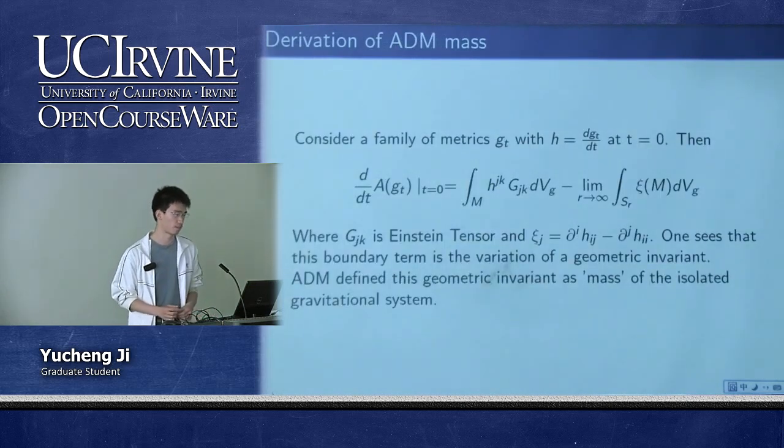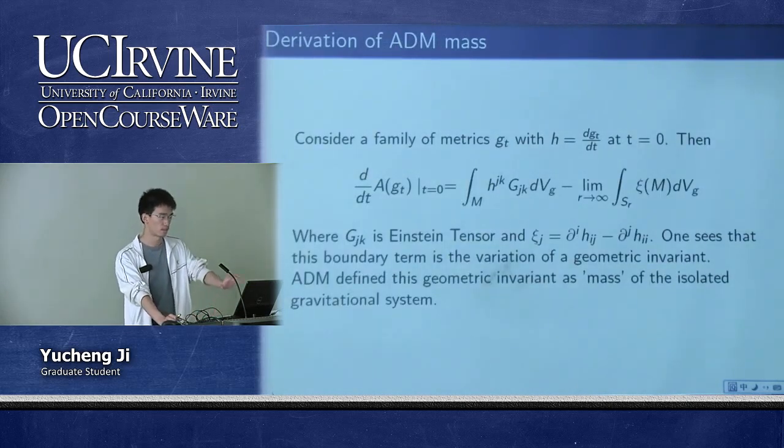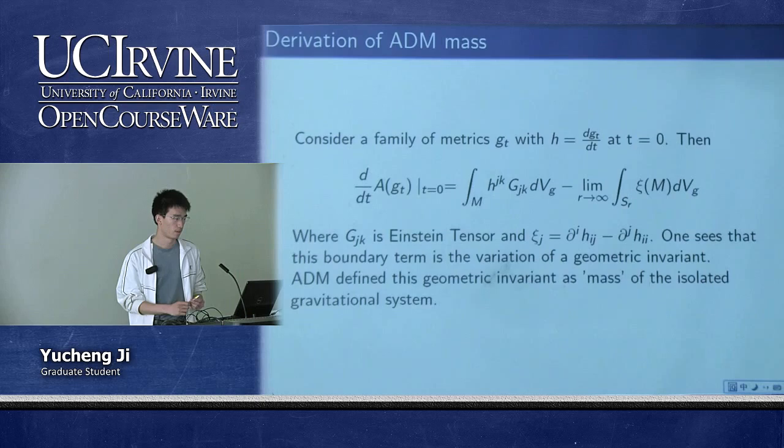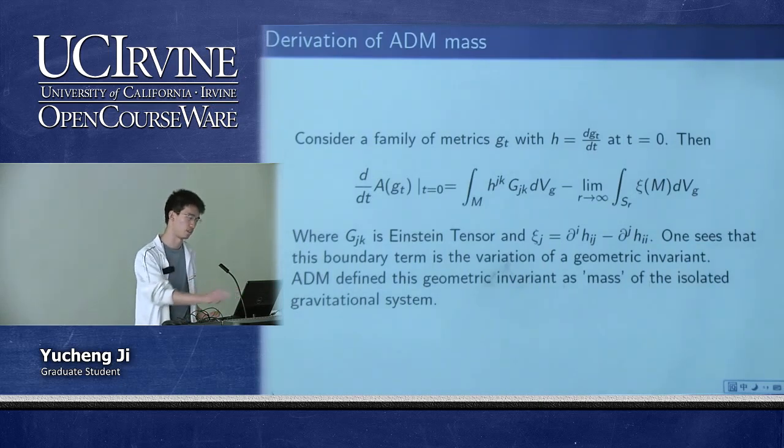Then we consider the procedure by which ADM derived the mass. Consider a family of metrics g(t) with h defined as dg over dt. After calculation, we get this equation.